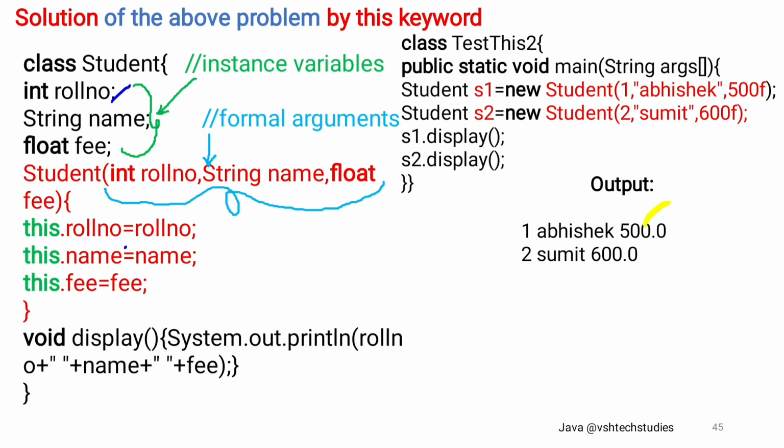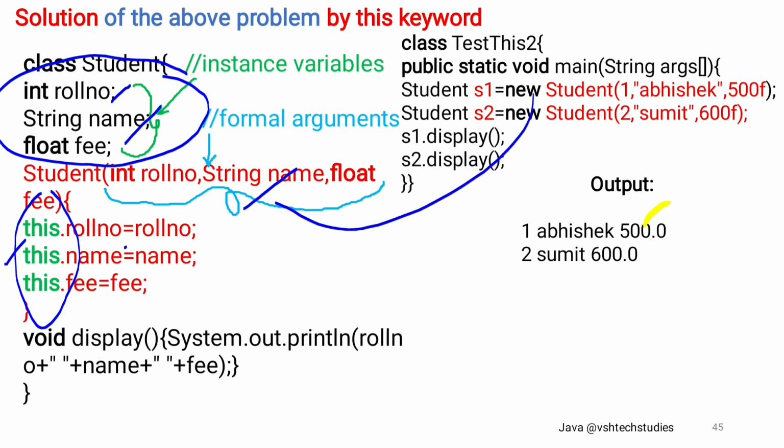This is the result program where the this reference variable is used. It is to be used when formal arguments or parameters and instance variable names are the same. This refers to the current object's data fields, so whatever values are passed will be assigned to them.